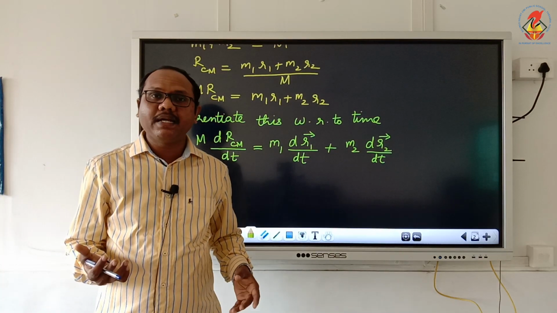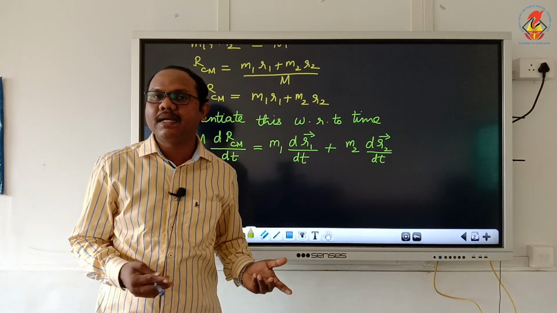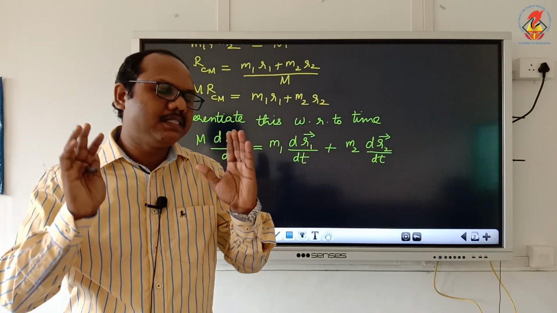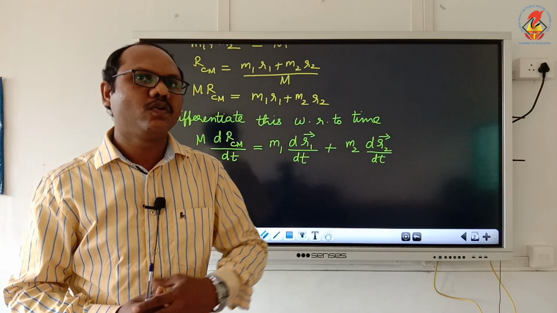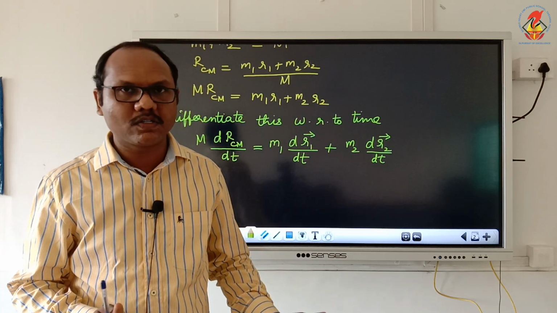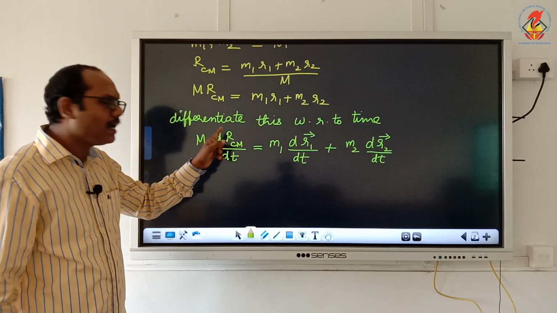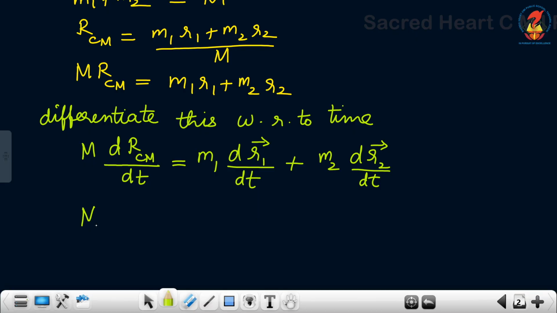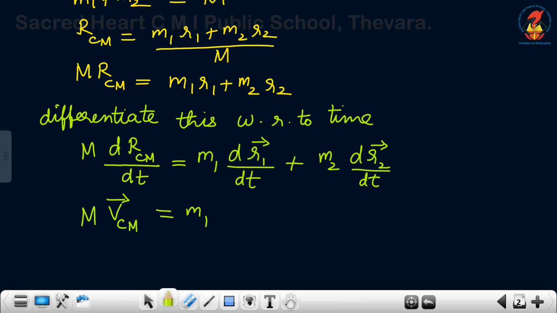What is dx by dt? We studied that dx by dt is called velocity. So, here I just use the general term r. So, dr by dt is called velocity. So, here dRCm by dt is called the velocity of the center of mass. So, I will write M vCm, velocity of the center of mass, is equal to m1 into dr1 by dt, which is called v1.